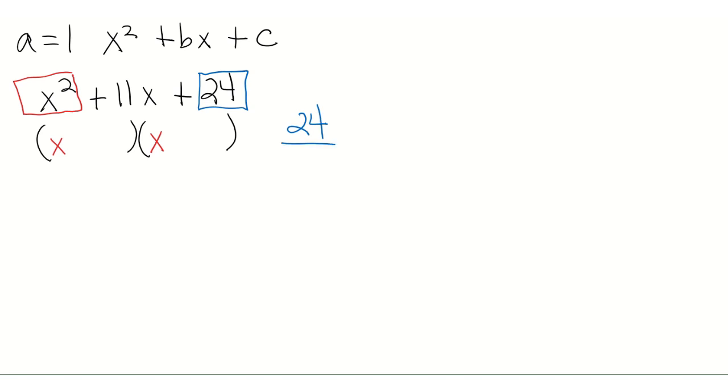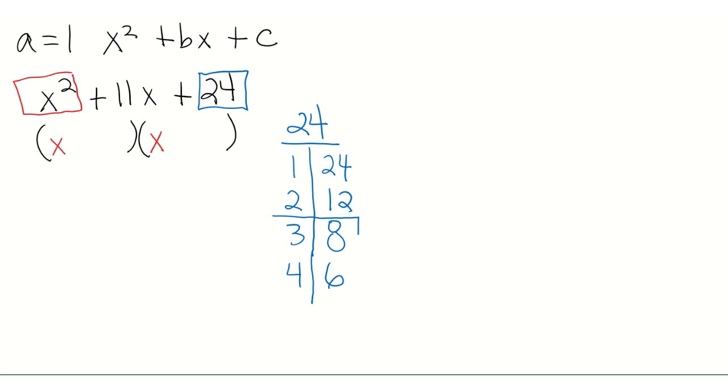So that's 24, and that breaks down into the factors of 1 and 24, 2 and 12, 3 and 8, and 4 and 6. Now I'm looking for a factor pair that when I multiply it together, it's going to give me my c, and when I add it together, it's going to give me b.